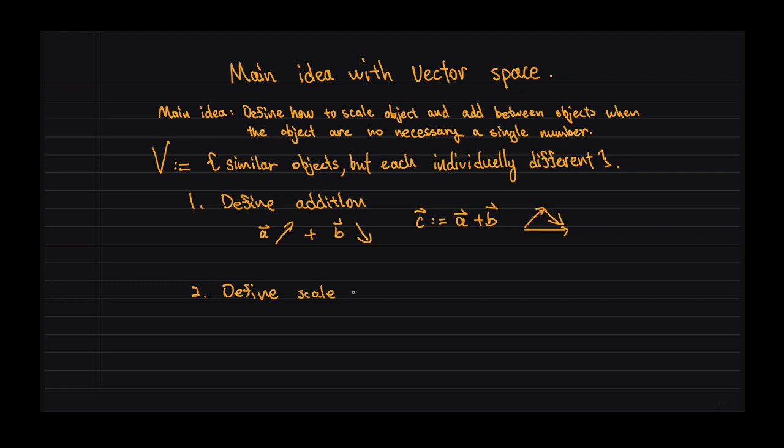Now we know how to add those arrows together, and we also need to define how we scale the arrow. For example, if we have A pointing up, and we want half of arrow A, it will be like this.